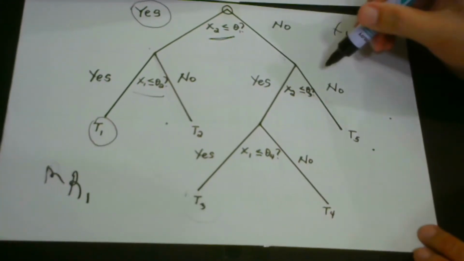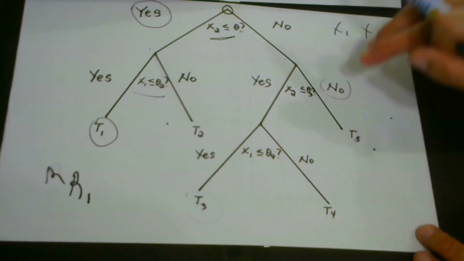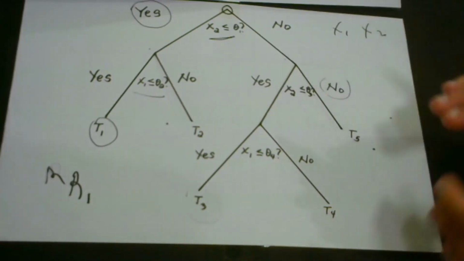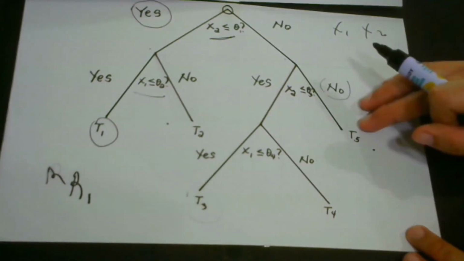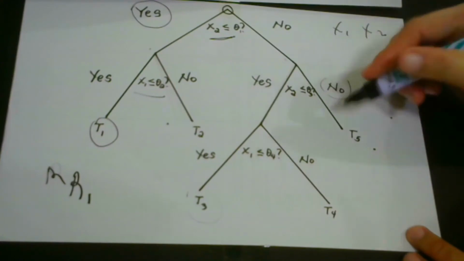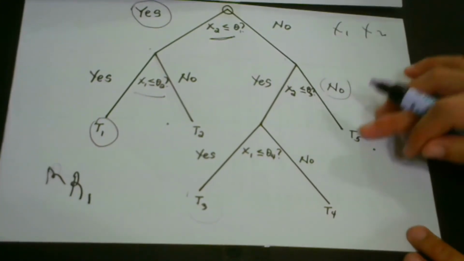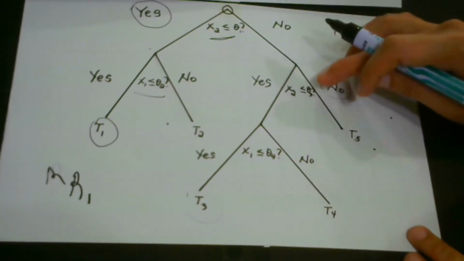What about on the side of the no branch? So if we are going to take this decision, then you could see that we have no more options to think of because our terminal node can be found at this point in T5. So what is this region? This region is x2 is greater than theta 3.